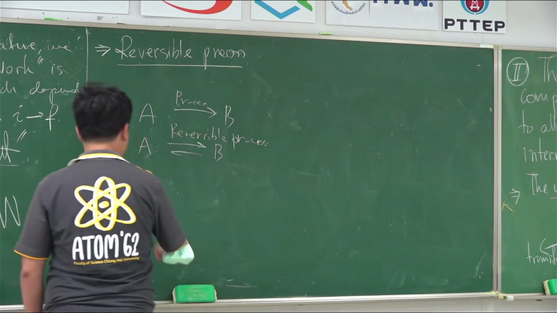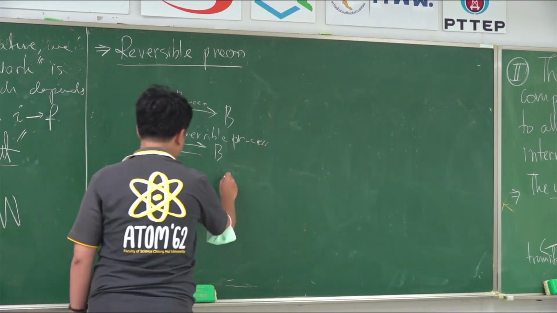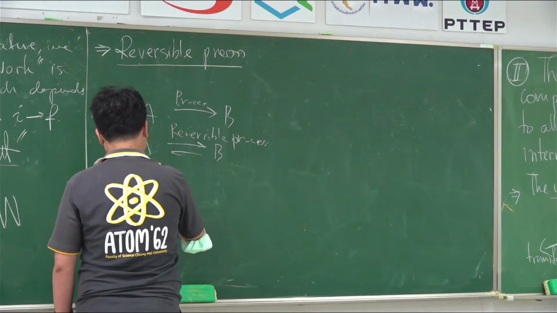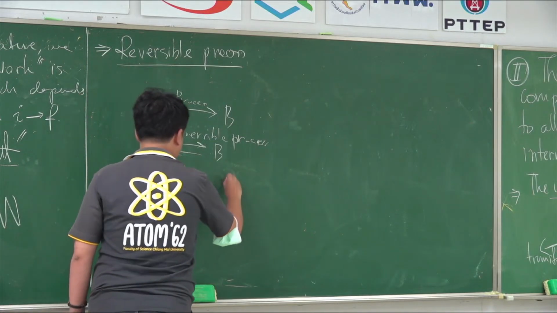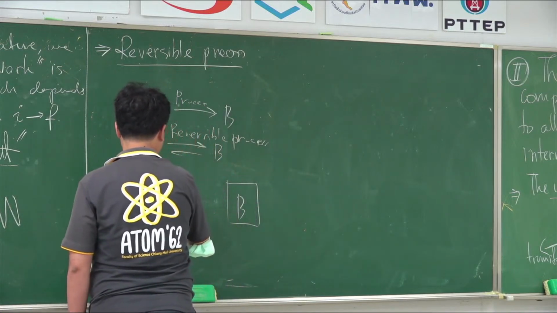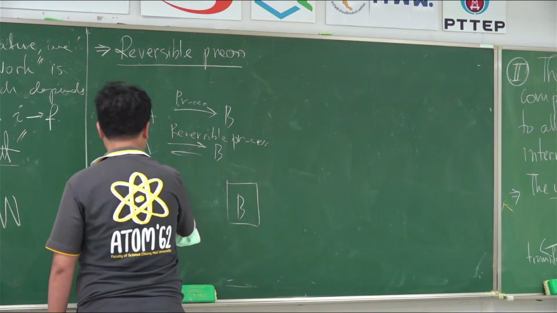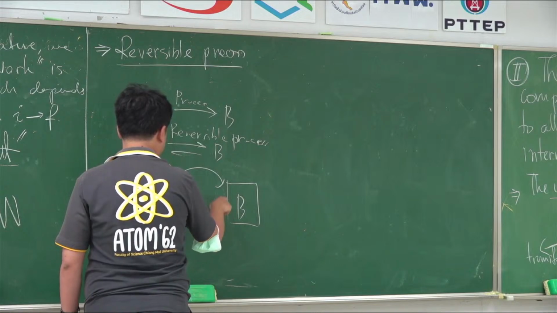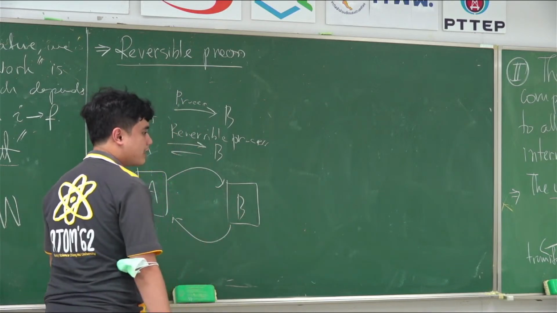So the reversible process is, if we have a system, the initial state A and the final state B, in between A and B we can change the state from A to B, and we can change back from B to A. So this is a reversible process.